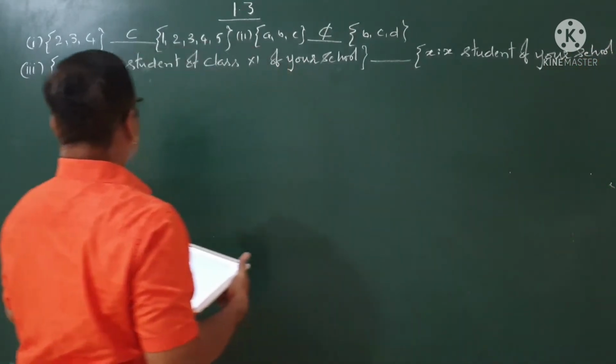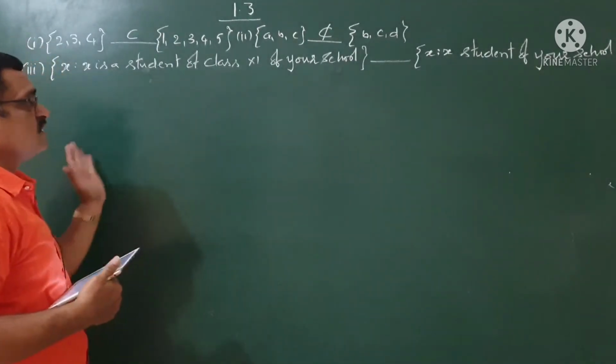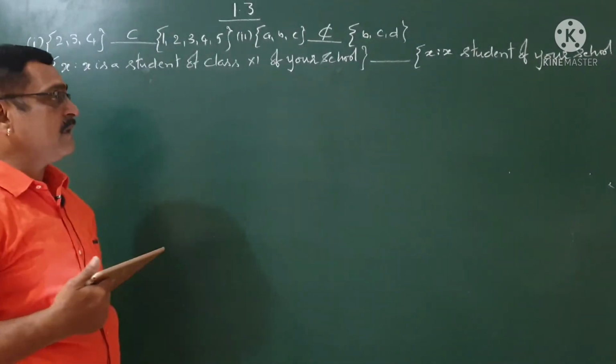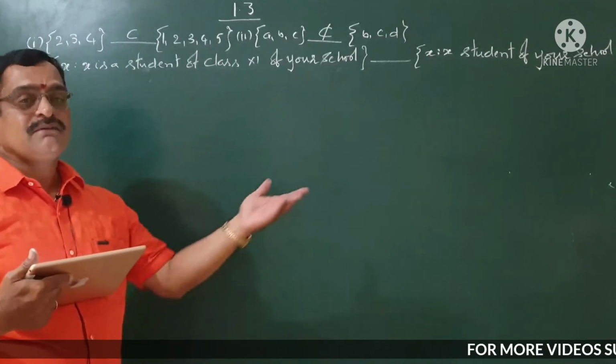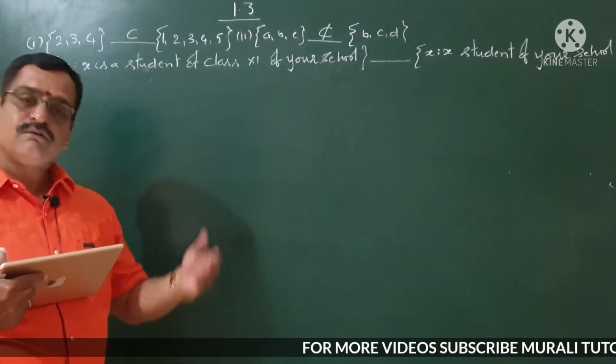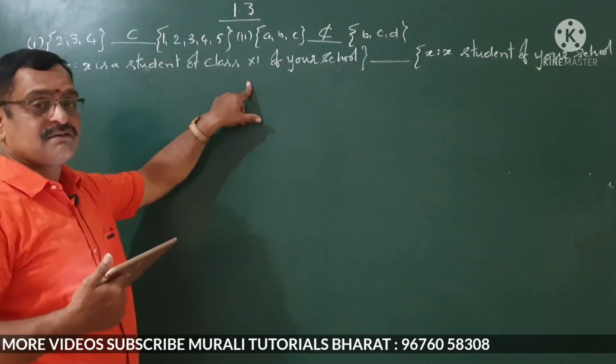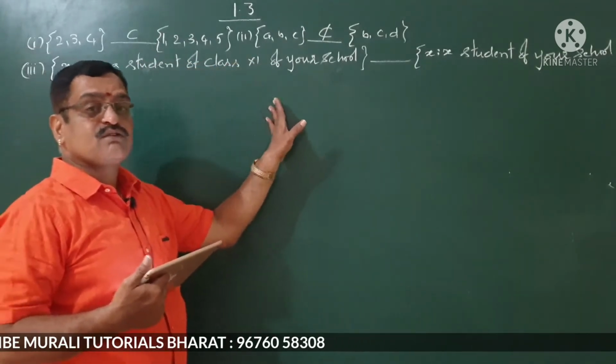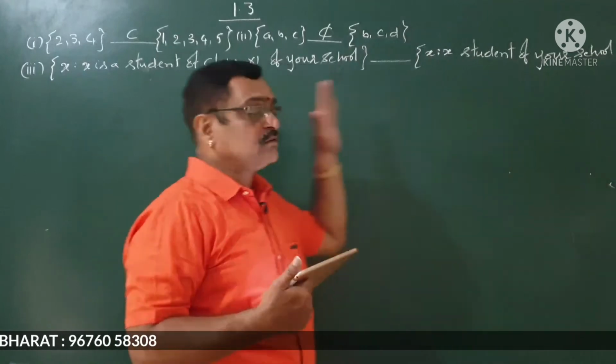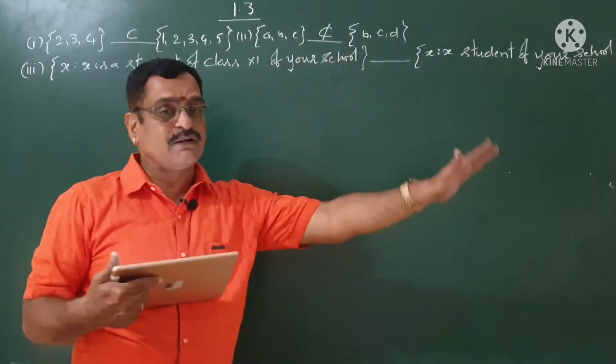Yes. Now, the first set is the set of all the students of 11th class of your school, whereas the second set is the set of all the students of your school. Of course, every student of 11th class of a school is a student of the same school. Therefore, the first set is a subset of the second set. So we have to write this.